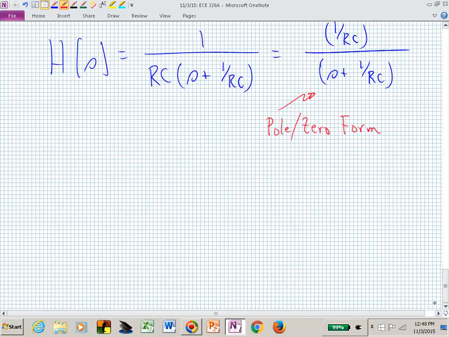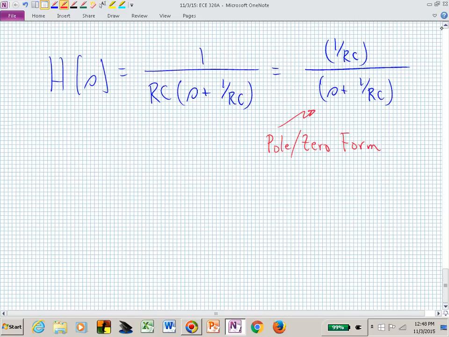Now that it's in pole zero form, can you inverse Laplace transform that? That implied notation is saying inverse Laplace transform of h of s gives me little h of t.